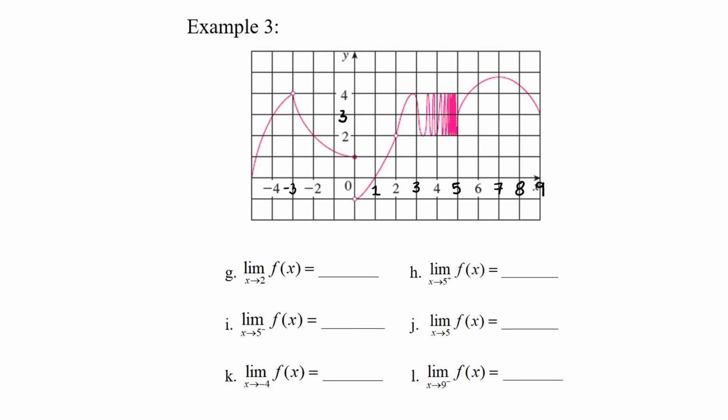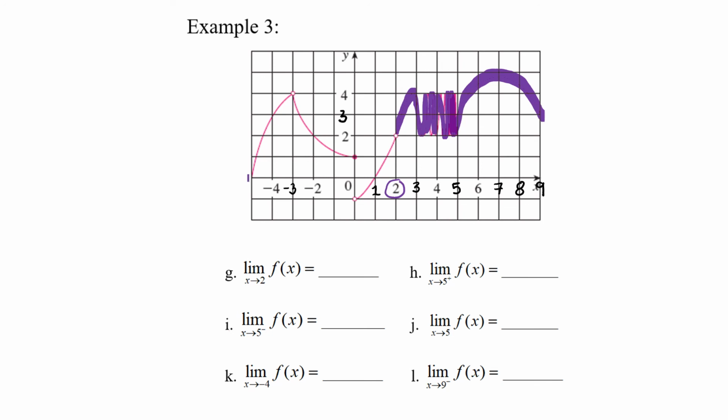Let's look at the same function, but a couple different limits. So we have the limit as x approaches 2 of f of x, which means we need to take a look at the right hand and left hand limits, as our x value is getting closer and closer to 2. So starting with our right hand limit, as x is getting closer and closer to 2, it seems like our output is also getting closer to 2.